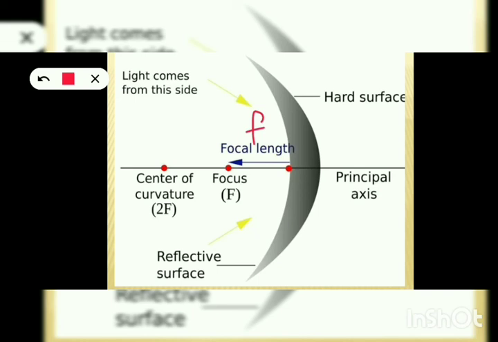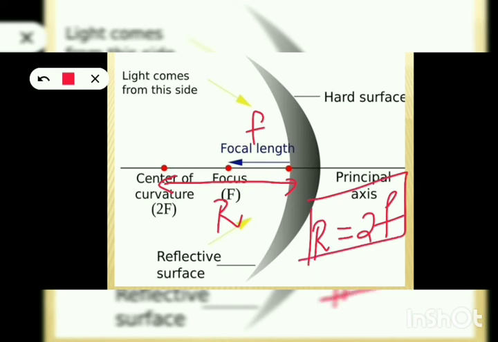And what is radius of curvature? Radius of curvature is the distance between center of curvature and pole. So this is the radius of curvature. And from the figure itself it is very clear, radius of curvature R is equal to 2 times the focal length. You must remember this relation, it's very important. This will be useful for your numericals. Okay, radius of curvature R is equal to twice the focal length.